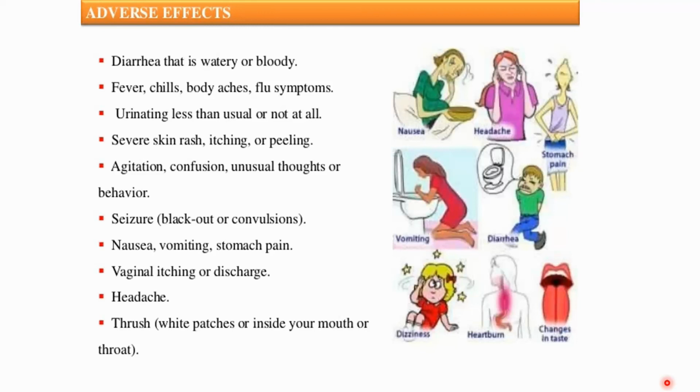Very rarely seizures can appear, along with skin rashes, itching and peeling, sometimes less urination, fever, chills, body ache and flu symptoms. These are certain side effects, but they vary from patient to patient. It doesn't mean that every person will have these adverse effects. Sometimes they may show in some particular patients.